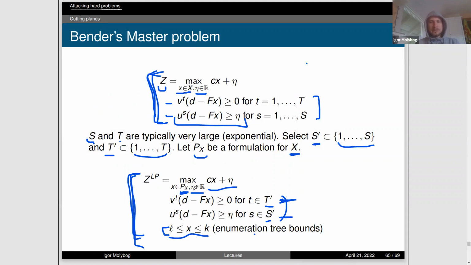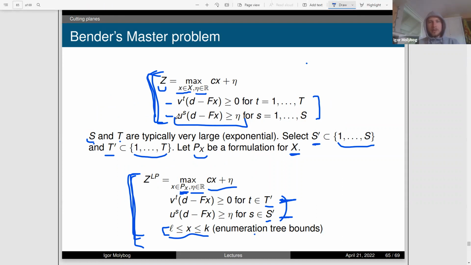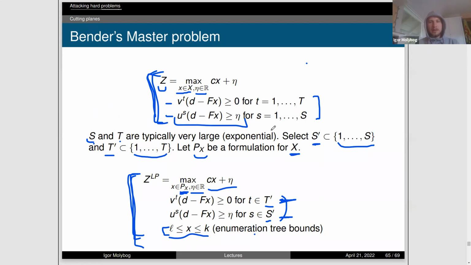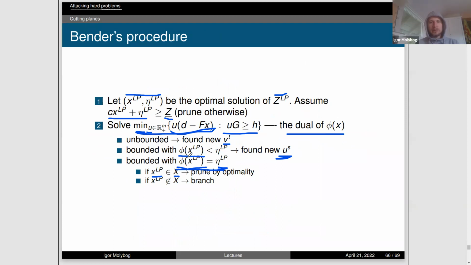In reality, we just see that our u transpose (d minus F x) is bounded by the value of eta. We should not expect otherwise, and this u is one of the u's that we can possibly obtain, one of the u's that we will find along the way if we have found something that is less than eta LP.